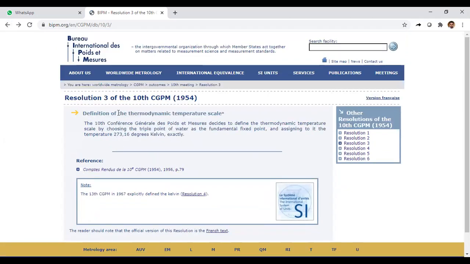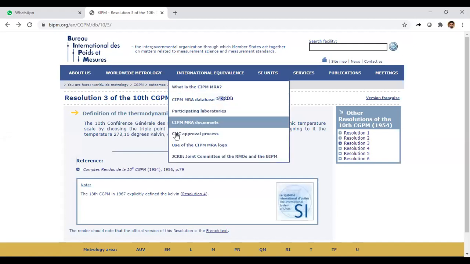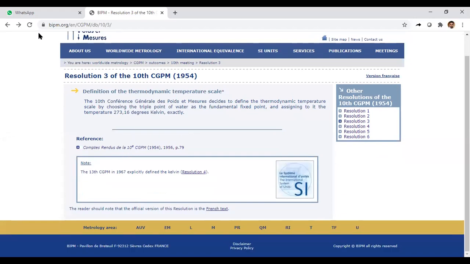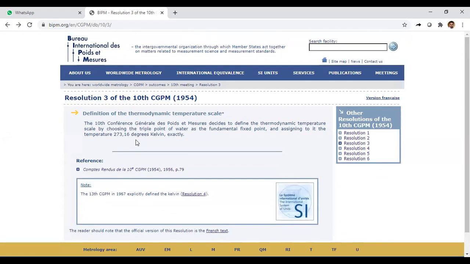So Resolution 3 of the 10th CGPM decided that all the scientists, after discussing with each other, agreed that the thermodynamic temperature scale from now onwards will be based on the triple point of water only. It was done in Switzerland.